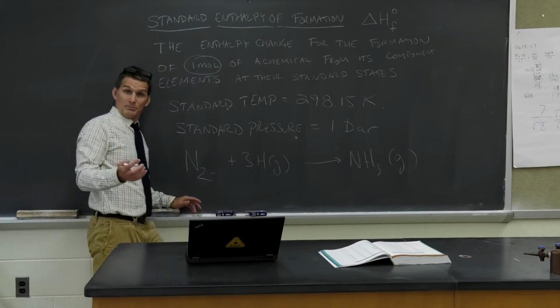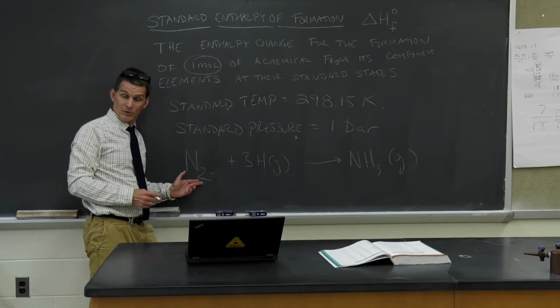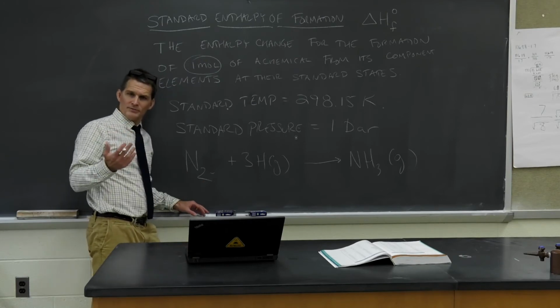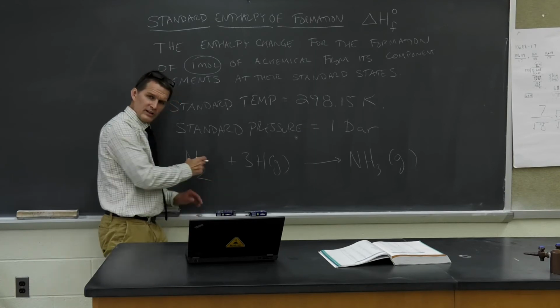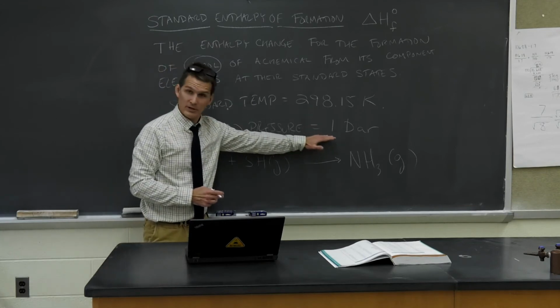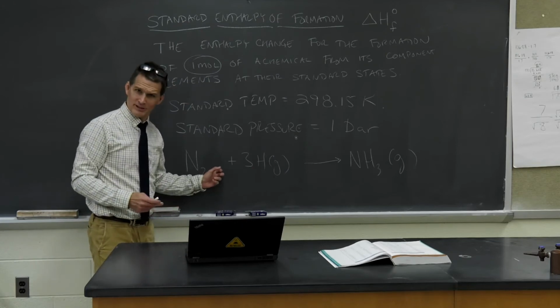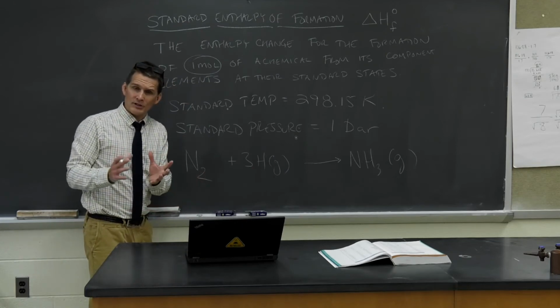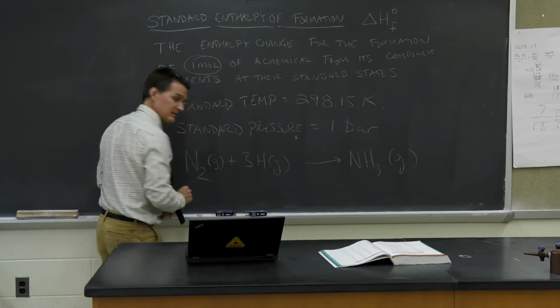Now, you've seen me play around with some liquid nitrogen, and you've had the opportunity to do that in lab as well. And you should ask yourself, should this be N2 liquid? Is that the way nitrogen tends to behave at this temperature and pressure? Of course not. Liquid nitrogen is really cold. We know that nitrogen at this temperature and pressure exists as a gas.